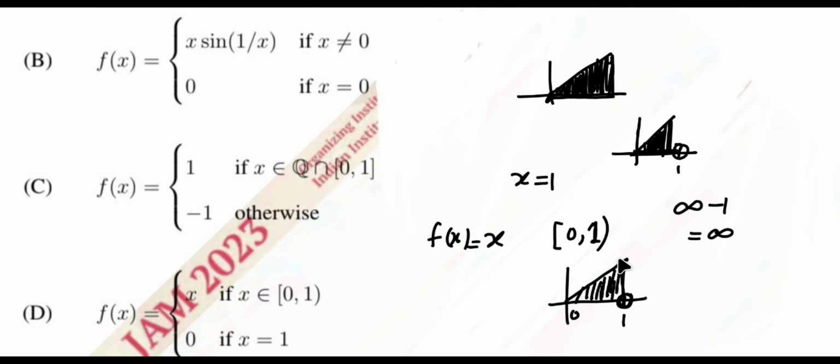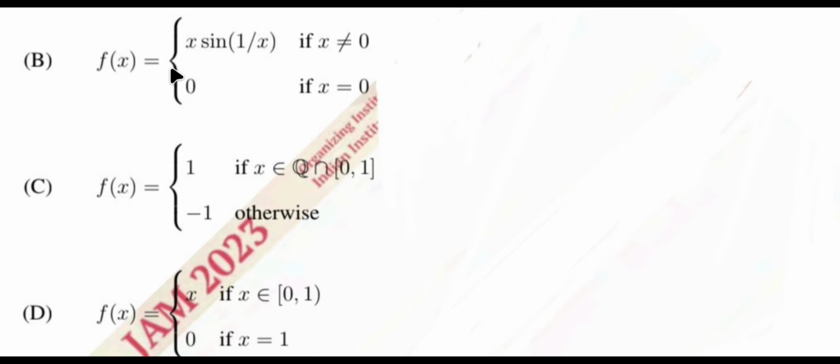Some people say the same thing in other terms: at one point the function is discontinuous and a point has zero measure. Zero measure means, suppose this is our interval. The measure of this interval is 1 minus 0, the greatest point minus the lowest point, that is 1.